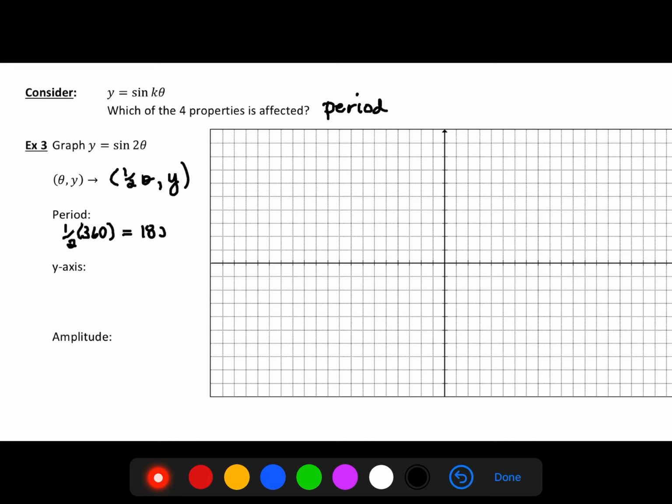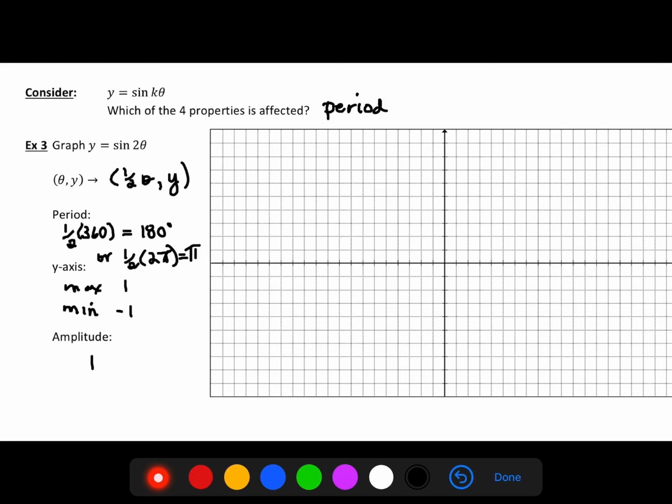So because we're going to have half of theta, we're going to have half of 360, which means our period is only going to be 180 degrees. Or if we're talking radians, we would have half of 2 pi, which equals pi.